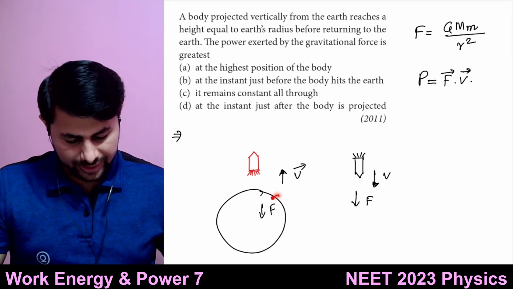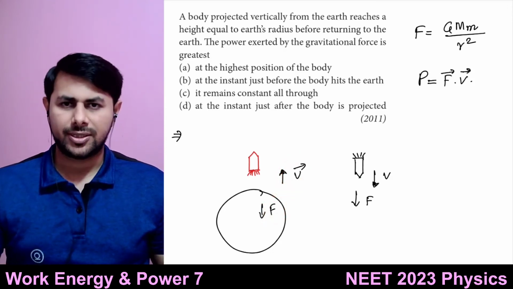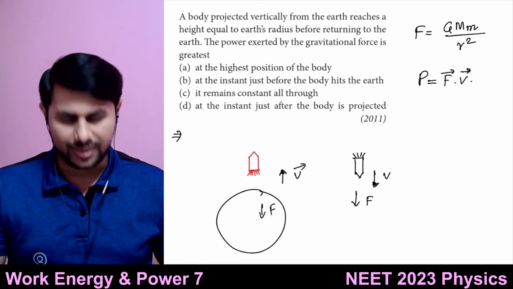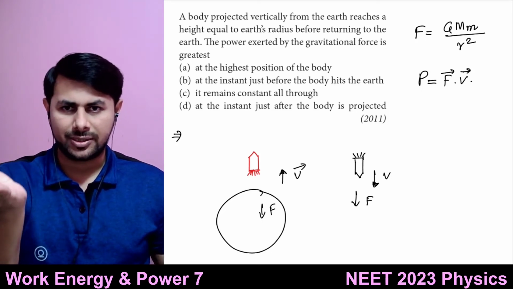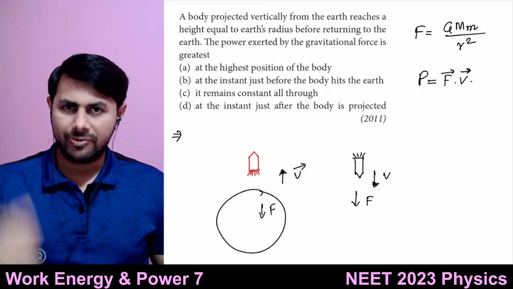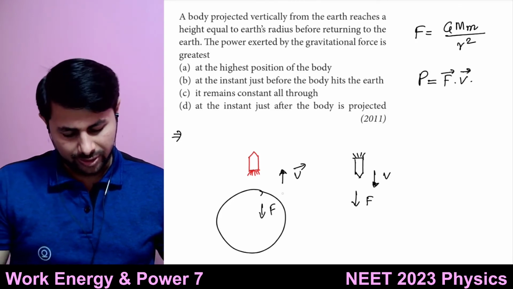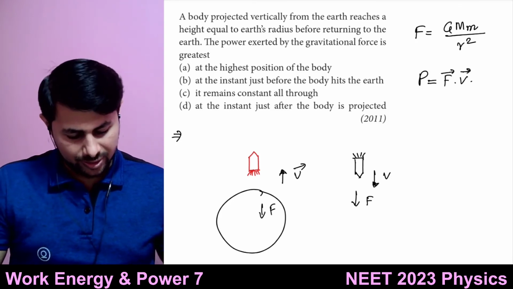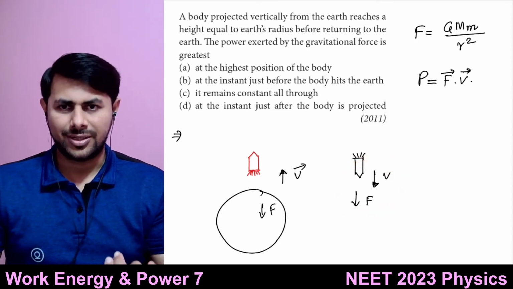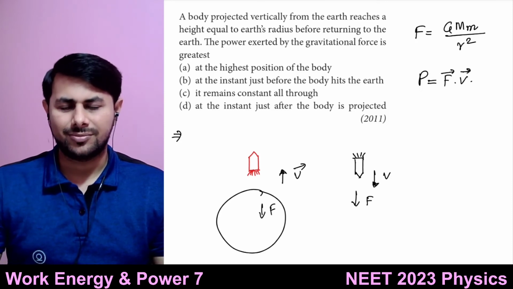In this case, the dot product of force and velocity is F multiplied by V multiplied by cos of 180 degrees when it is projected upwards. When it reaches back, it will be F multiplied by V multiplied by cos of 0, and cos 0 is 1 and cos of 180 is minus 1. So it is greatest when it comes back, because in that case power will be positive.